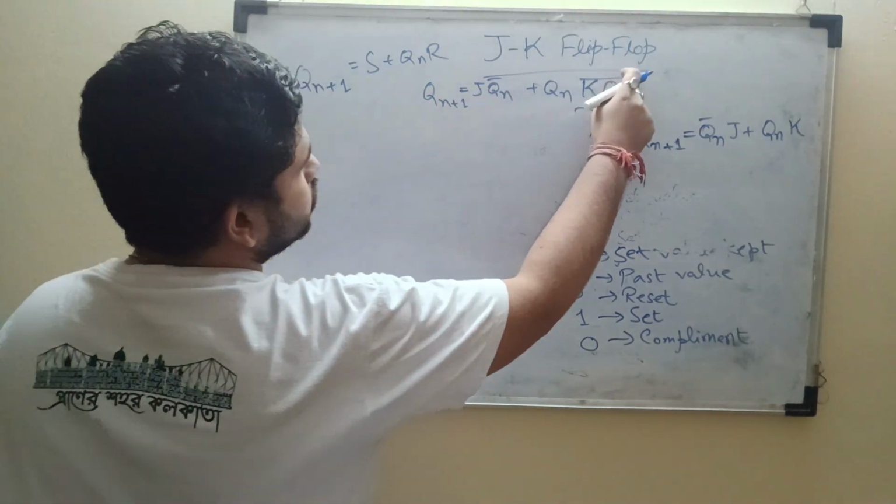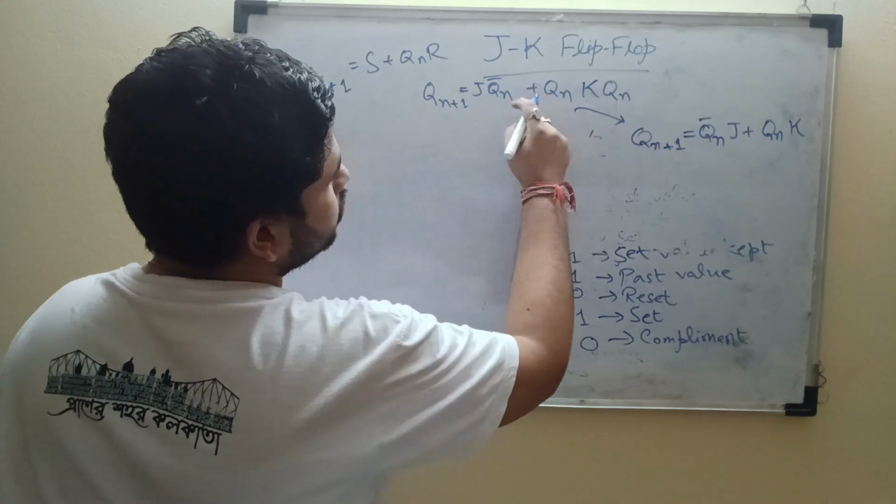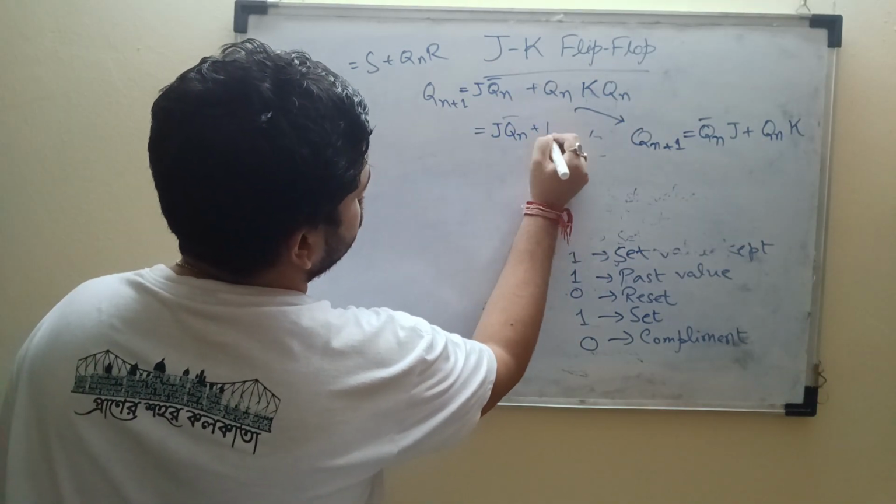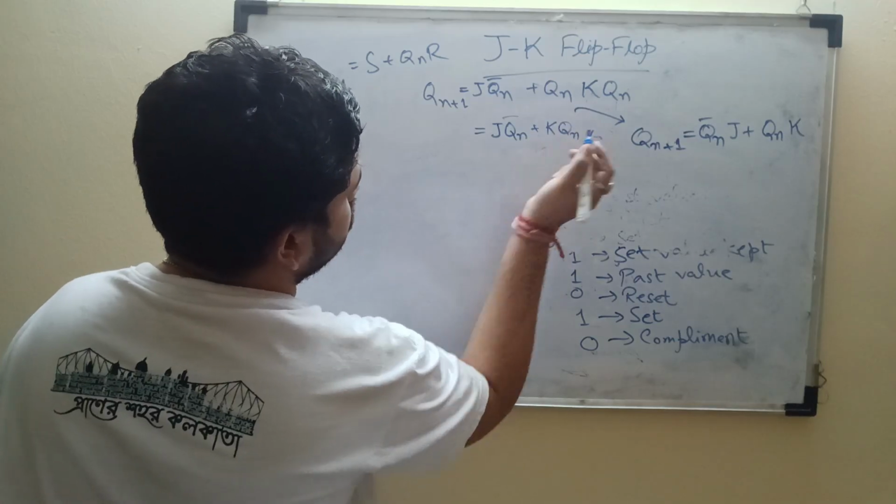There is no bar, and Qn into Qn will be Qn, so that will be K Qn.